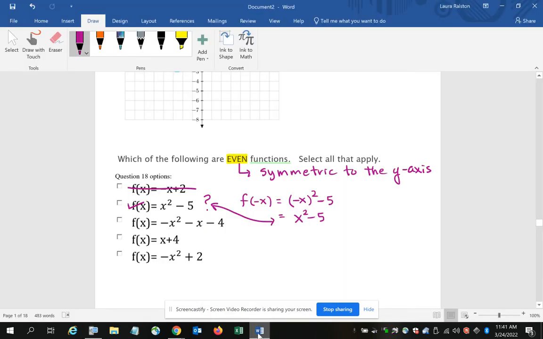But if I want, again, to verify that, I can substitute negative x into the problem and see if it comes out to be the same. So if I check this third one, I would have f of negative x is the opposite of negative x squared minus x, or minus negative x minus 4. So this would give me the opposite of x squared plus x minus 4. Notice it's not the same, okay? So that one is not even, which is what we saw visually.